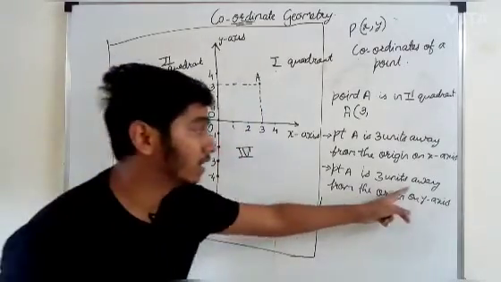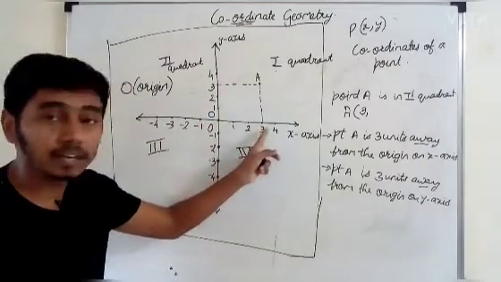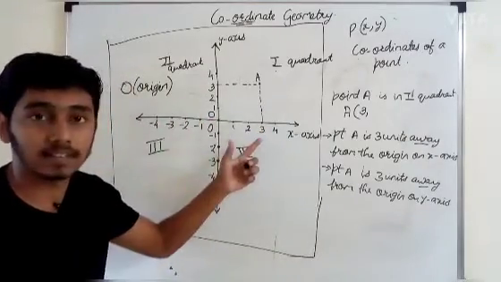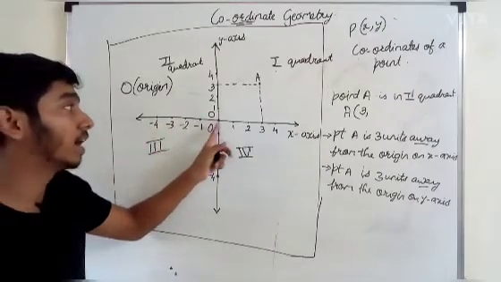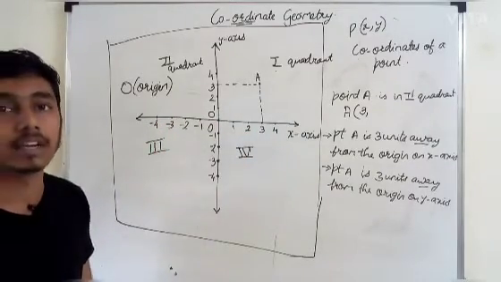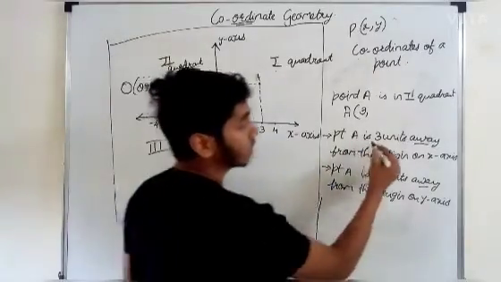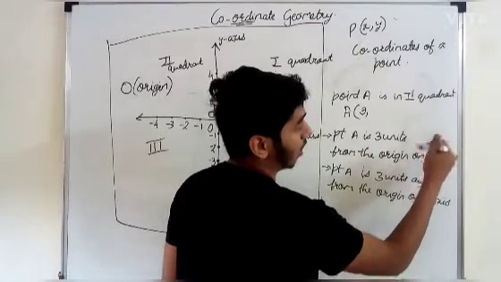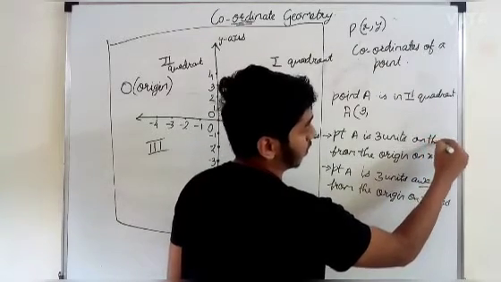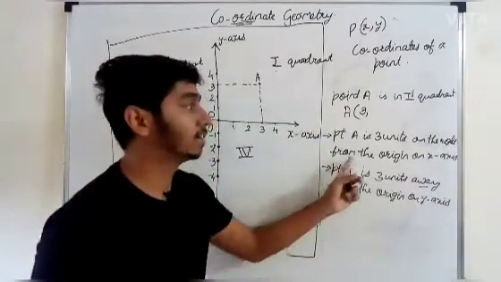Now this word "away" which I have written here, it can be on this side of the x-axis, or it can be on this side also, 3 units. It can be any side, so we need to mention it. So it is 3 units on the right side from the origin.